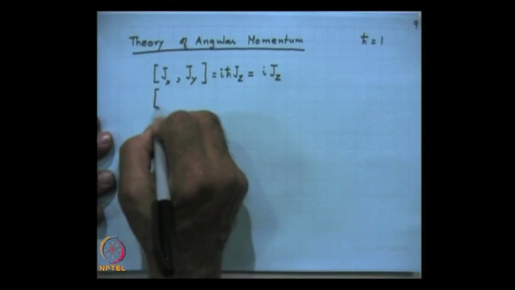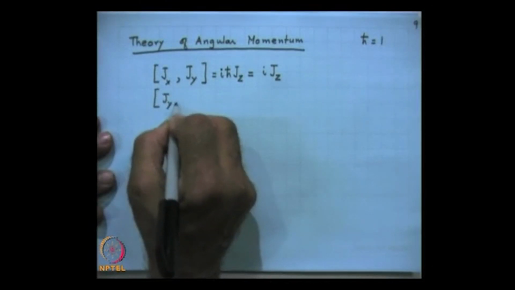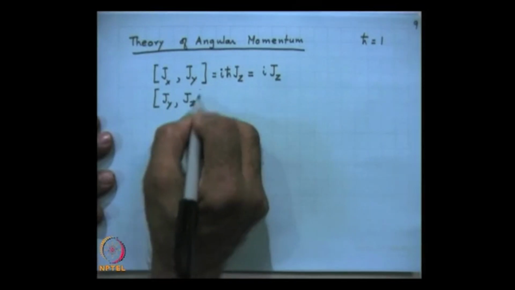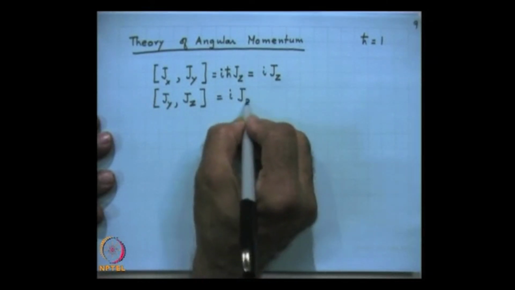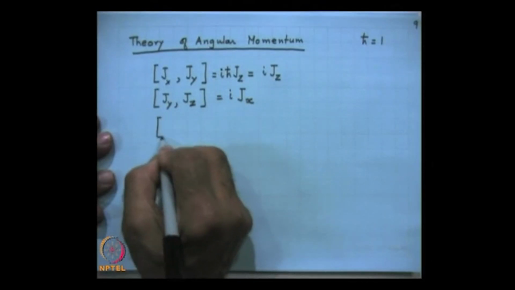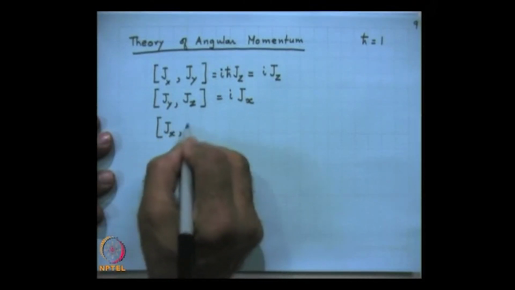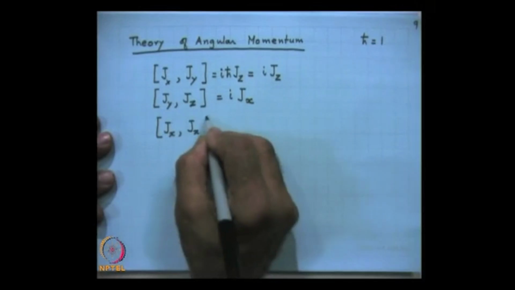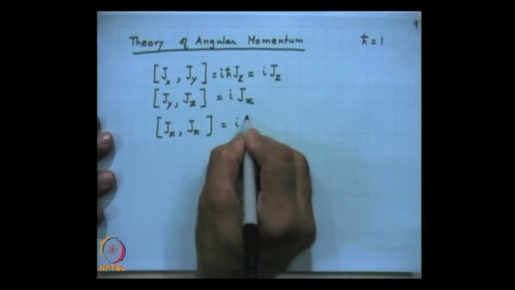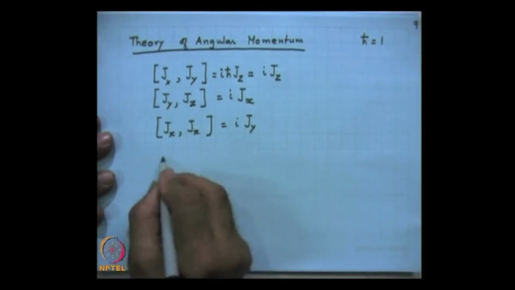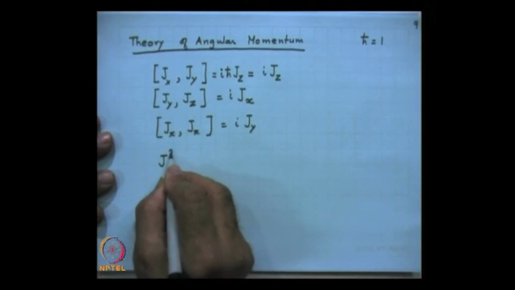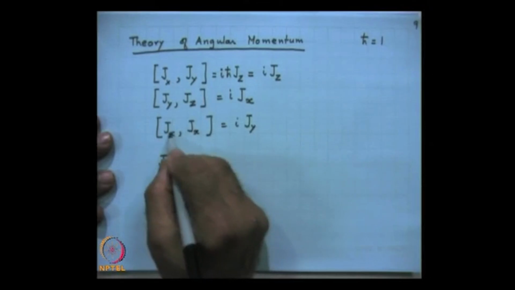Similarly, J y comma J z is equal to i J x, and J z comma J x is equal to i J y.